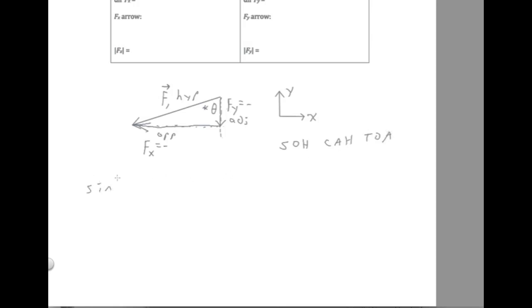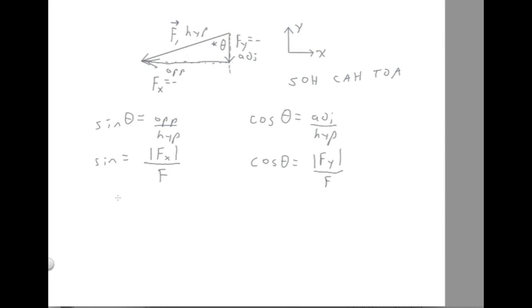So we have sine of theta is opposite over hypotenuse. Cosine of theta is adjacent over hypotenuse. The opposite side here is Fx, but as usual we want a length, so we're going to treat that as a magnitude in absolute values.